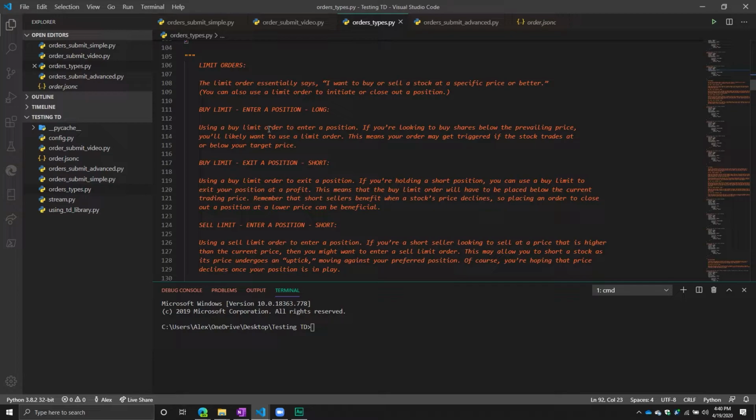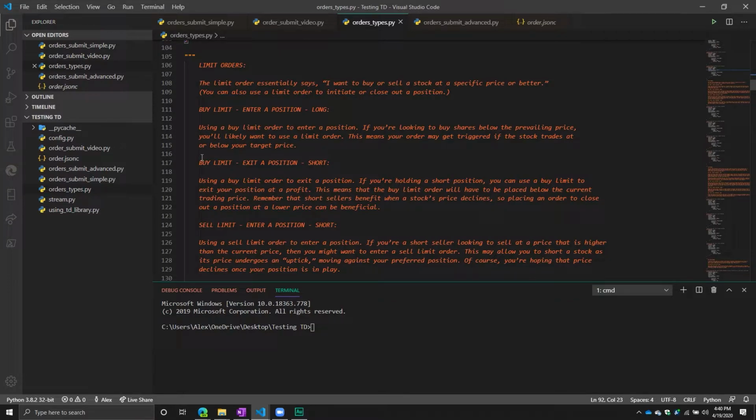And so what this means is if the stock goes down in price, then when it reaches that price, you will then buy that share. So you're using your limit price, it's lower than your current price. And then when it reaches that price, you will then buy a particular share or whatever it is of that particular instrument. So this is entering a position. So the limit price has to be below the market price.